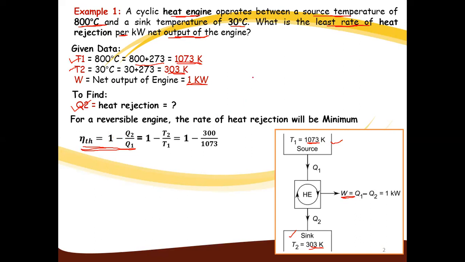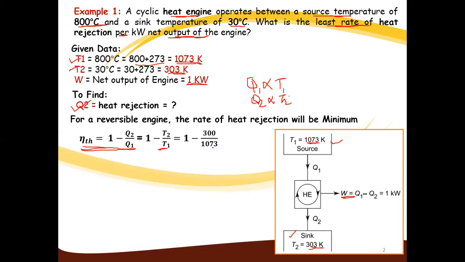Now this heat is directly proportional to the temperature. So Q1 is directly proportional to T1, and Q2 is directly proportional to T2. So we can say that Q2 upon Q1 is nothing but T2 upon T1, as other parameters are constant.